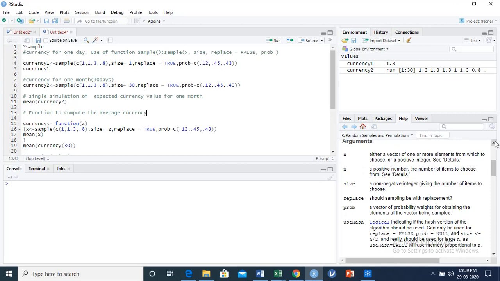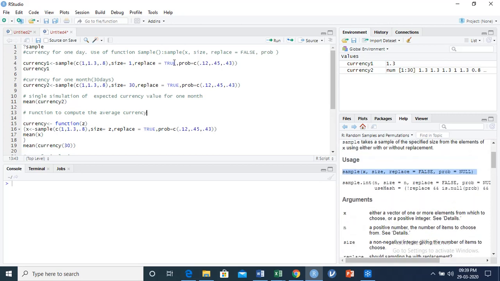One can just write ?sample and run this, and you can get all the arguments or the help file of the sample function. It basically includes 4 parameters: x, which is the vector, size, replace, and probability.